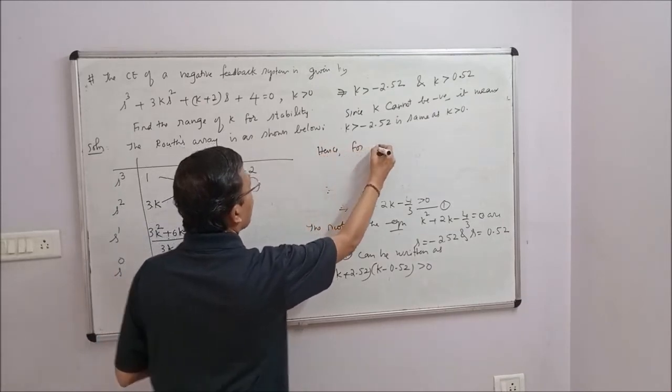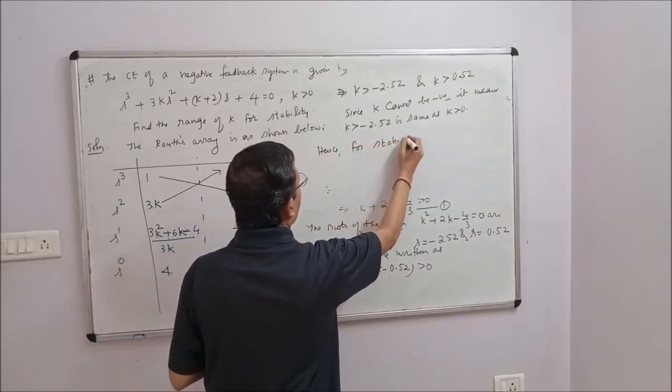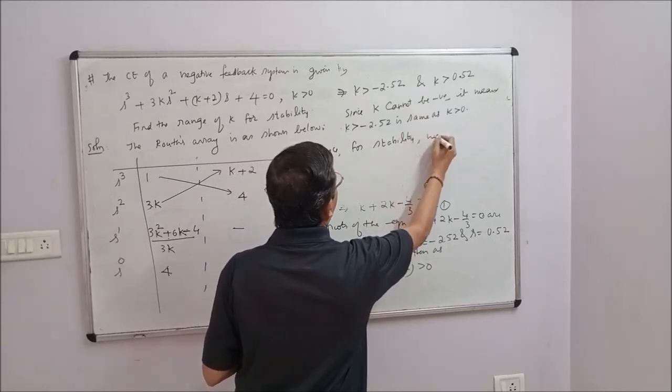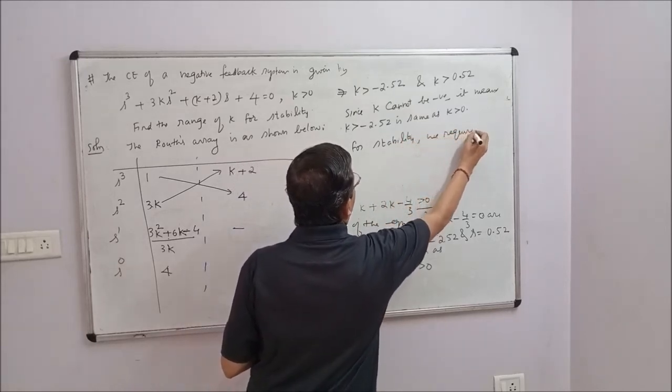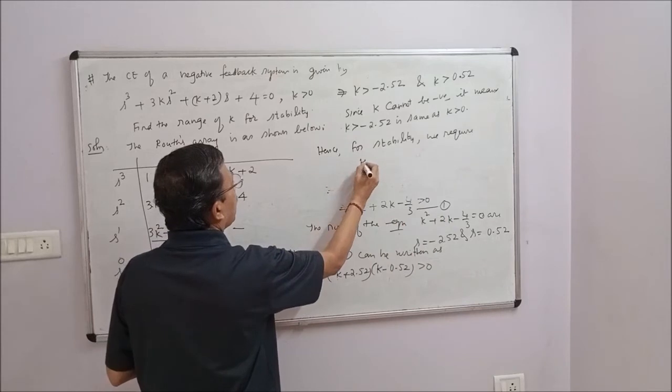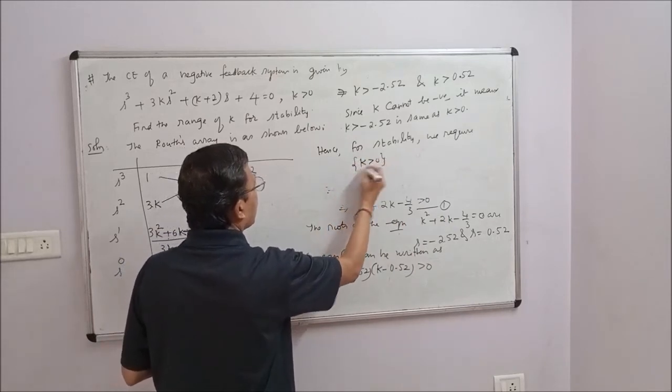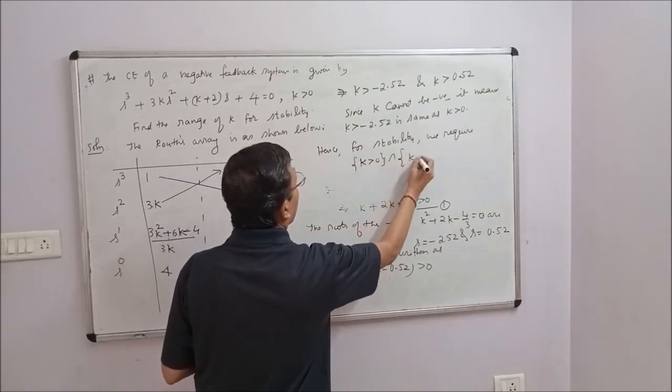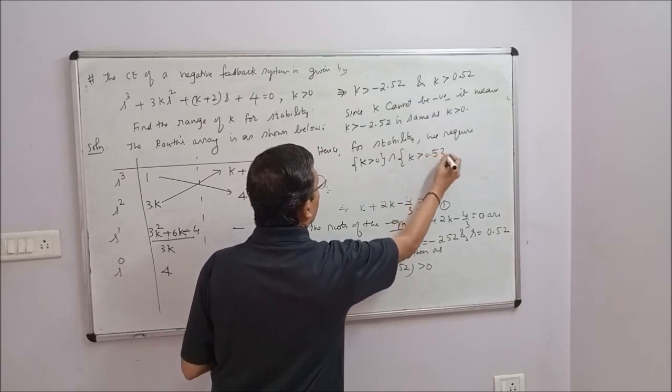Hence, for stability we require k greater than 0 intersecting with k greater than 0.52.